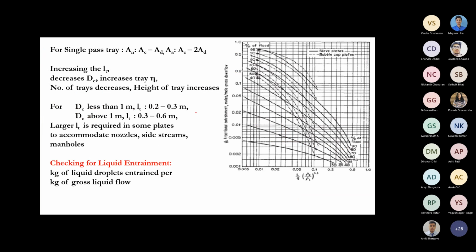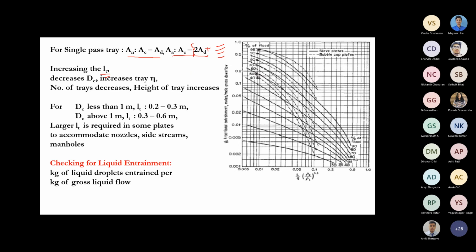Then, once you have found this, we have to decide the tray dimensions, the length of the tray, those things. For a single pass tray, we know that AN is equal to AC minus AD. Active area is AC minus 2 times AD plus some other factors: column beams, peripheral wastages, portions for vapor liquid disengagement, portions for beam supports, those things.